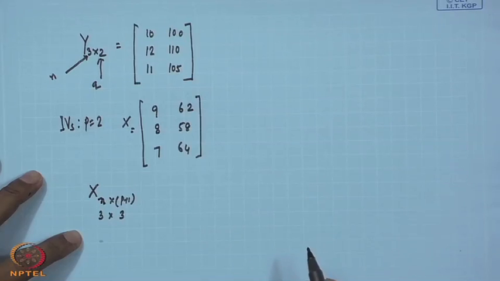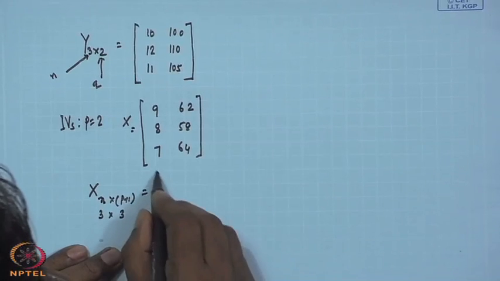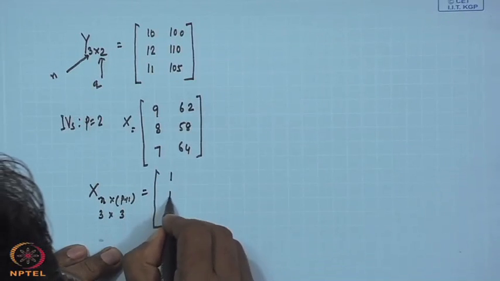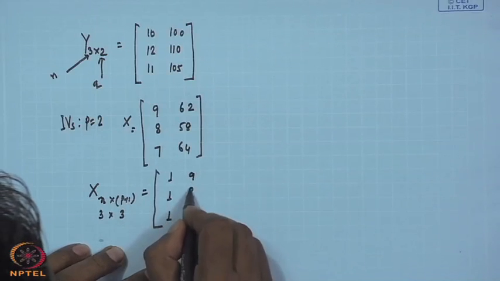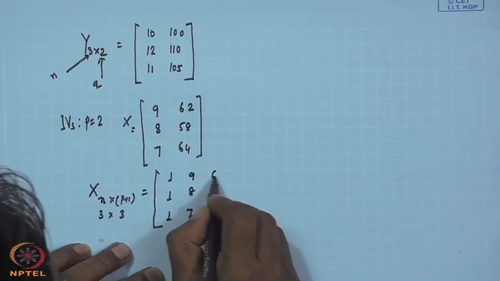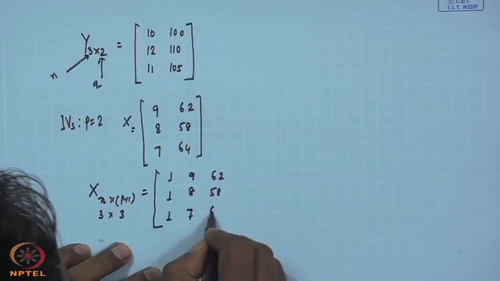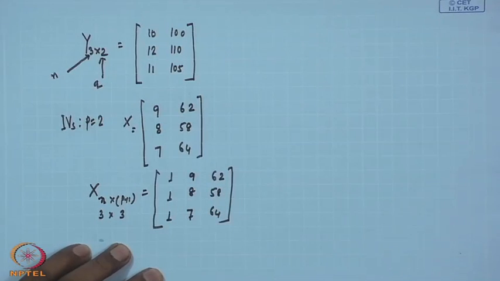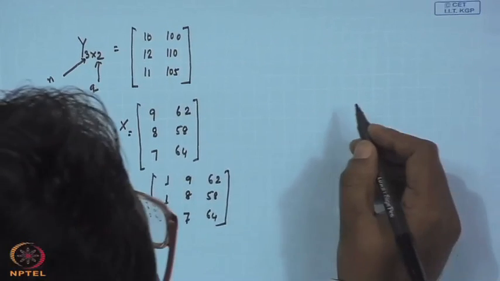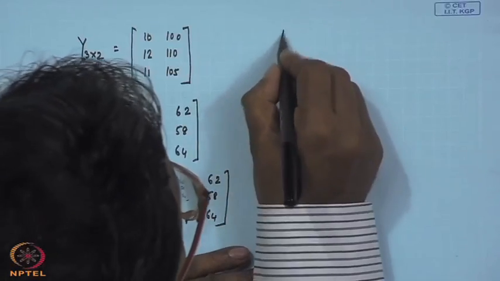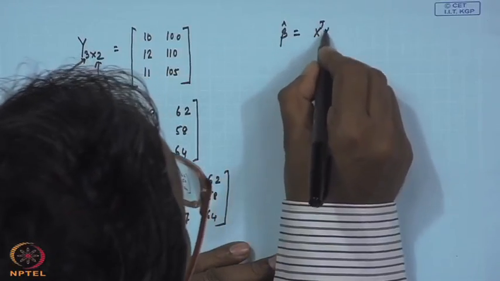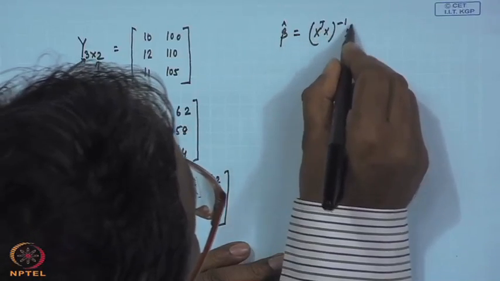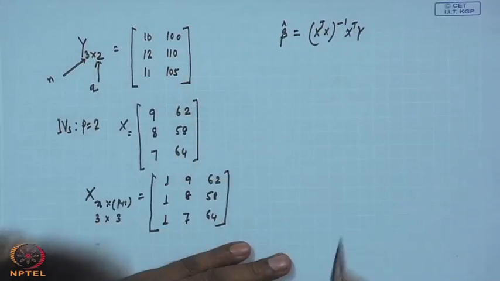This one is 1 1 1, that is for the constant term, then 9 8 7, 62 58 and 64. So what is our beta estimate? Beta cap equals X transpose X inverse X transpose Y.